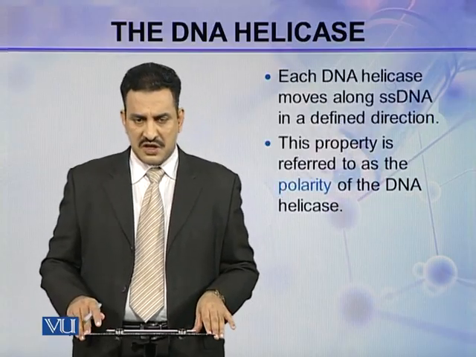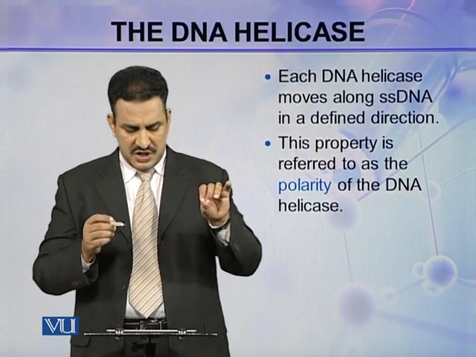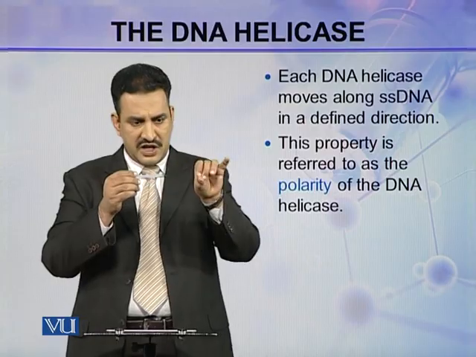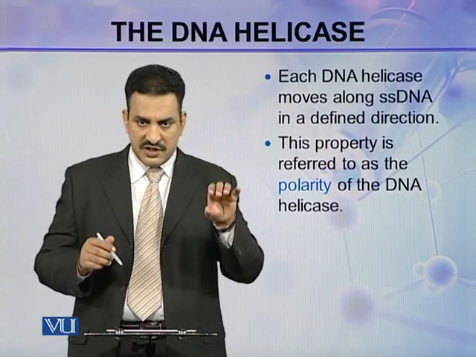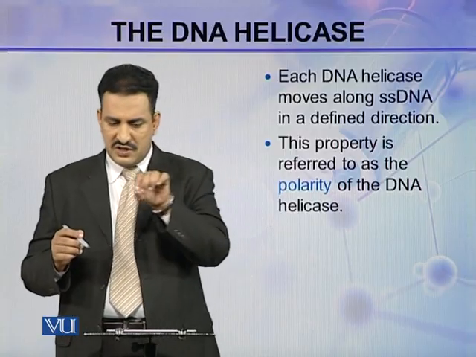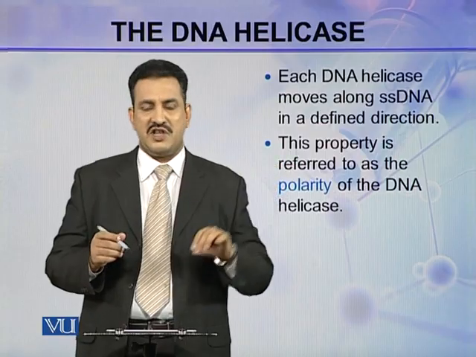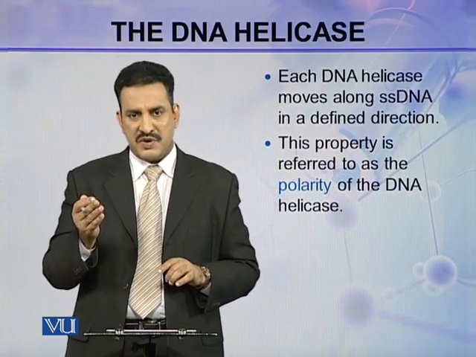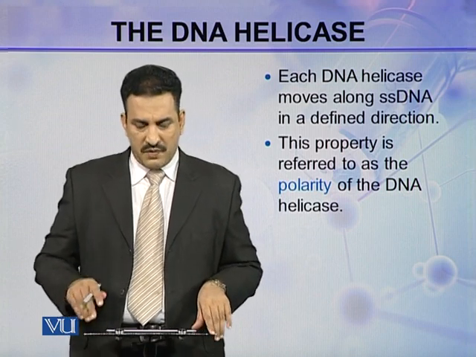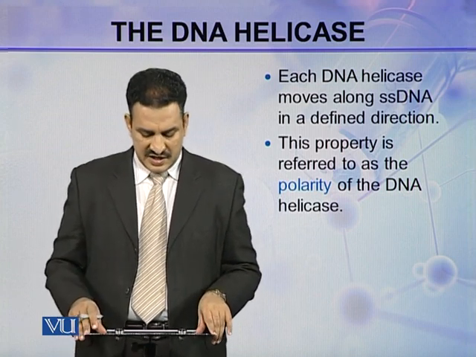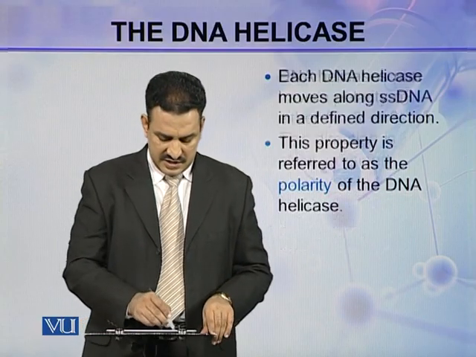Each DNA helicase moves along single-stranded DNA in a defined direction. Either this ring will move in one direction or the other, that is, either from 5 prime to 3 prime or 3 prime to 5 prime. This property of the helicase is referred to as the polarity of the DNA helicase.